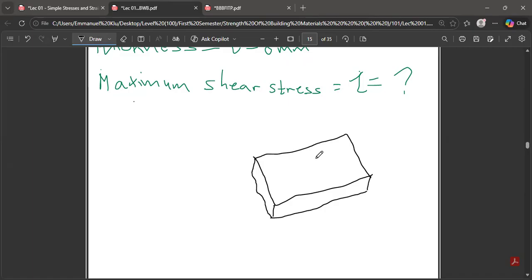I want to ask one last question. What is the meaning of directly proportional? Directly proportional means that if the stress applied on that material is going up, the strain is also increasing.